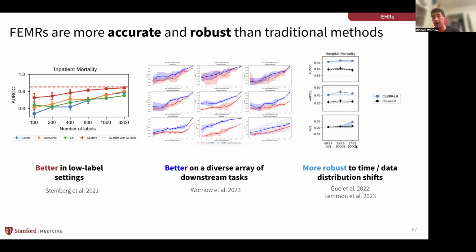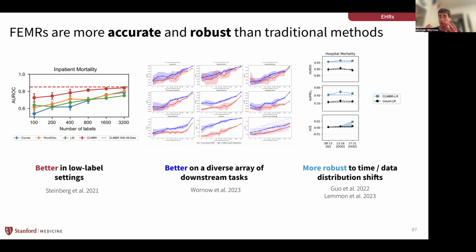And then finally, on the right-hand side, there were a couple papers last year that showed that not only are these foundation models better on more tasks and require less labeled data, but they're also more robust to temporal and data distribution shifts, which is very important in the health system setting when you have things like COVID, for example, or billing practices change, or you change the way that you deliver care.